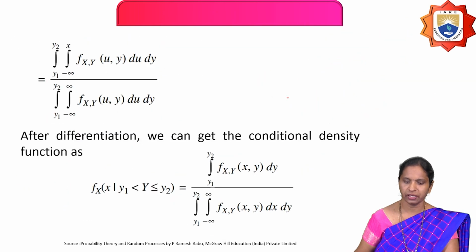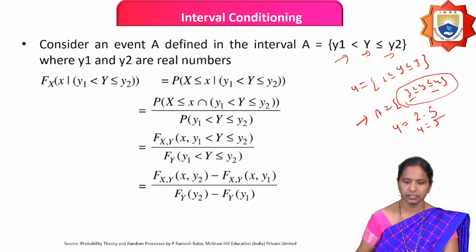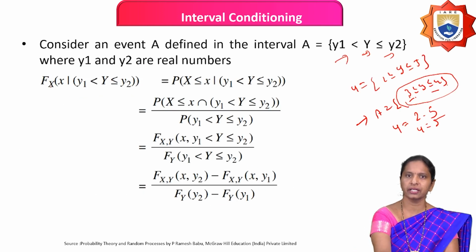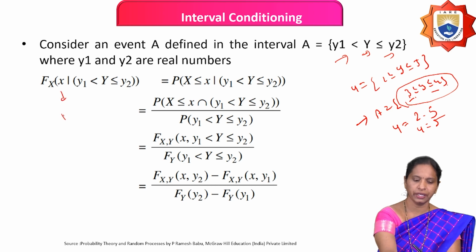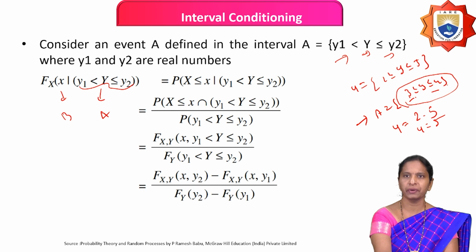In the same way, you can write the conditional distribution and density function for interval conditioning. Therefore, what is the conditional distribution function of the random variable x, where the conditioning event is that the random variable y takes y1 to y2? It is P of x less than or equal to x; let us say this is B and this is A. Then what is P of B given A?